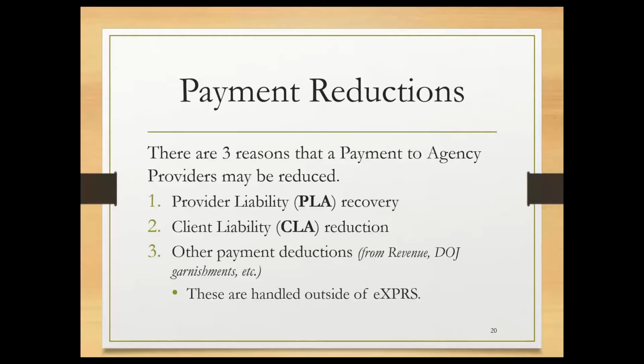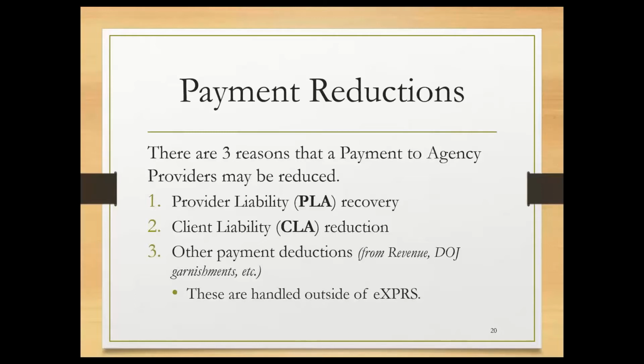Not all clients have to pay a service contribution or client liability, but some do. And that is in addition to their room and board. Those payments are taken off the first payment to the provider in the month, since that needs to be collected from the individual. And again, we'll talk about more of that in detail in a few minutes.